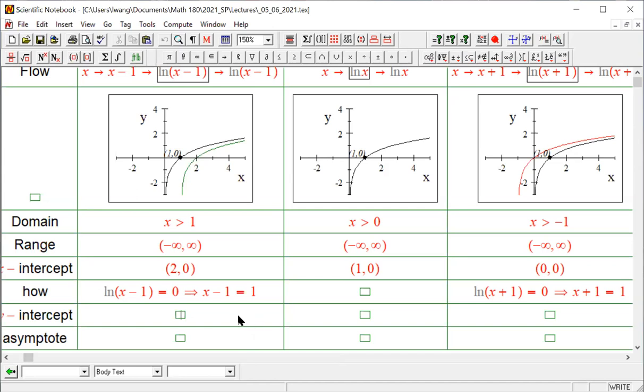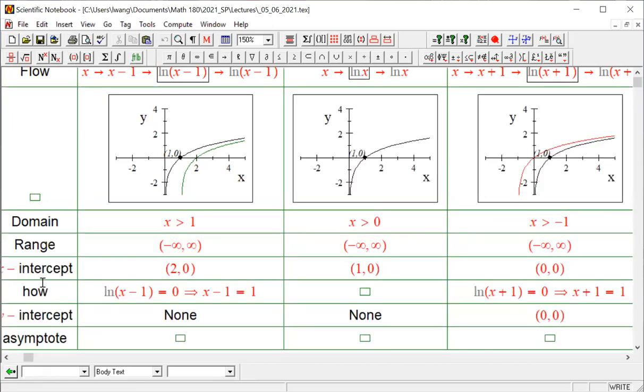But anyway, y-intercept, what do we have for y-intercept? None. What about this one? (0, 0). Yes, that's right. Very, very good.